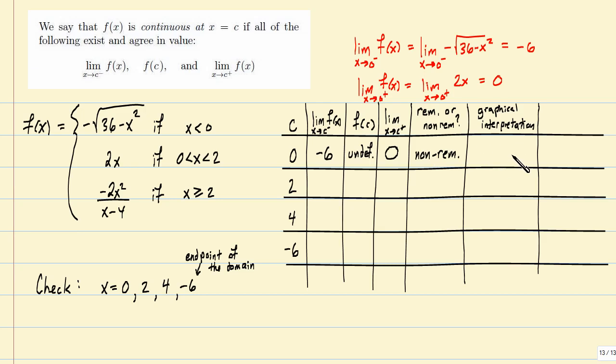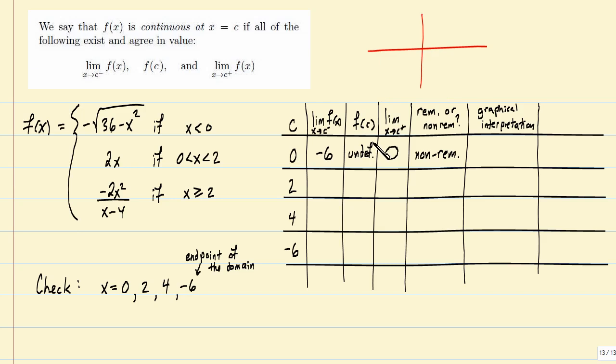To find the graphical interpretation, sometimes it helps to use this information to draw a super quick graph of what's happening right around x equals 0. This tells us, coming in from the left, we need to be getting very close to a height of -6. So our graph is doing this. Notice this piece of information doesn't tell us what happens at x equals 0.